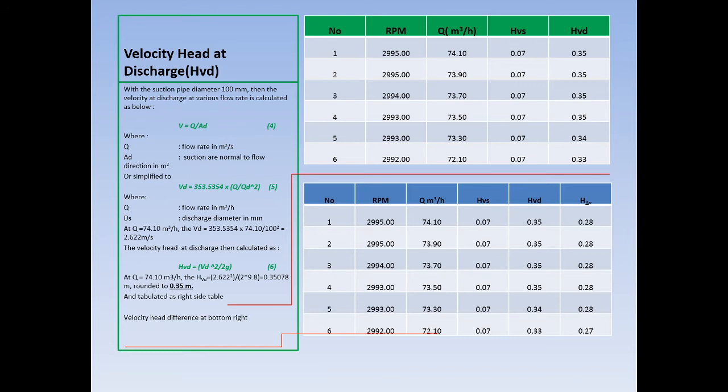That is why the velocity head at discharge is higher than at suction. All right, so we measure that.